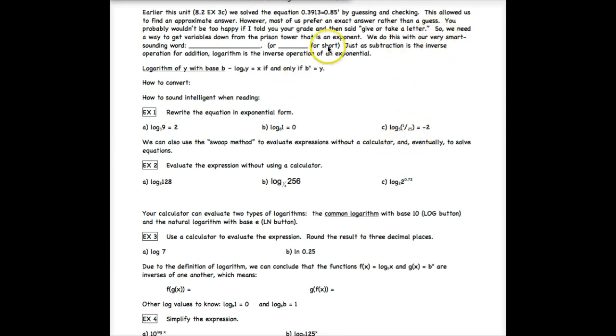So we need a way to get variables down from what I call the prison tower here. So with the radicals, we were breaking out of prison, and here we've got a prison tower that we need to get down from. So in order to get variables down from that tower when they are an exponent, we're going to do that with our very smart sounding word, which is logarithm.